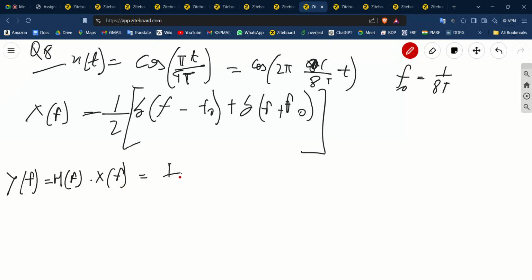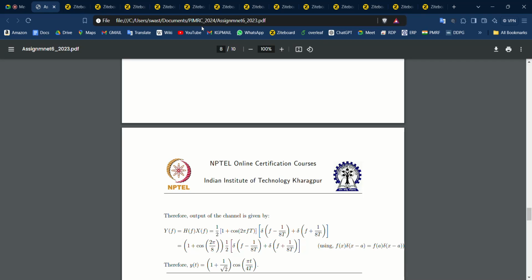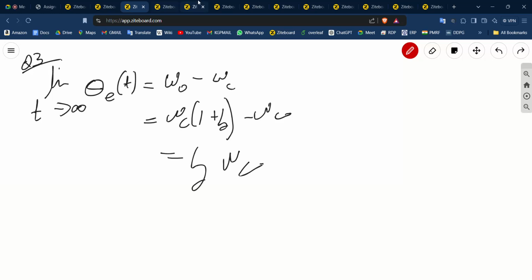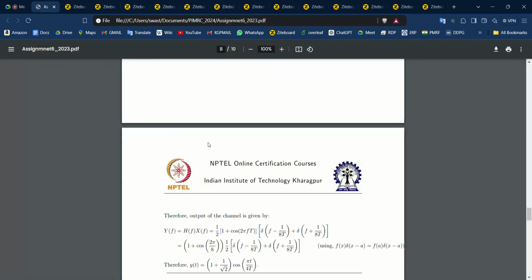Y(f) is equal to half of delta(f minus f naught) plus delta(f plus f naught), into H(f).